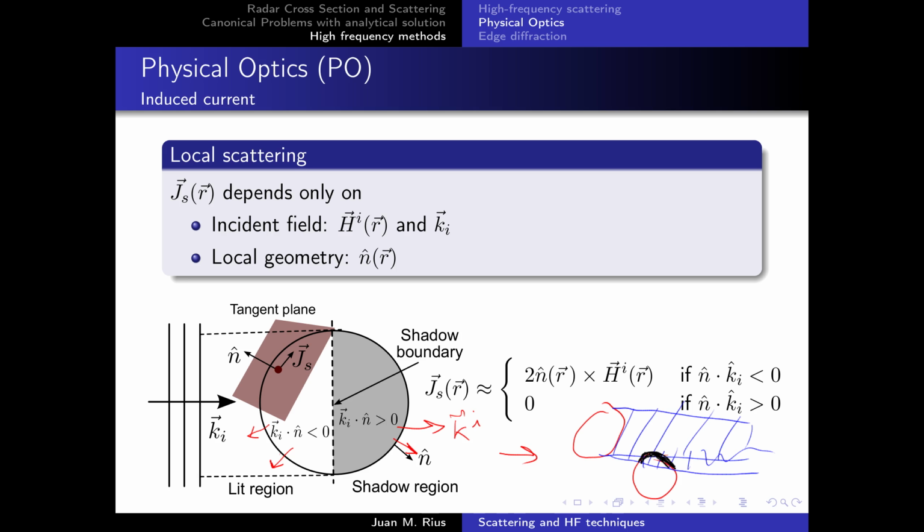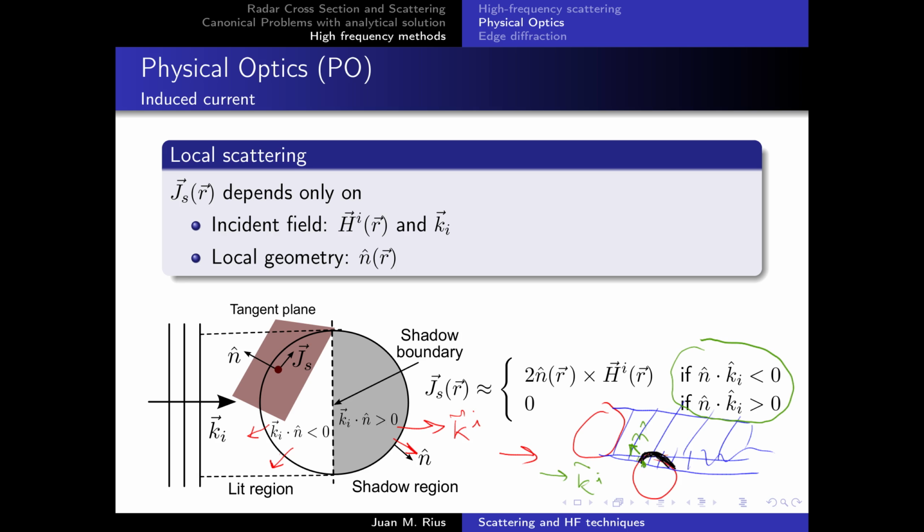And this means that with the conventional way to determine illuminated or shadow regions, we observe that this is the normal to the surface here, and this is Ki.